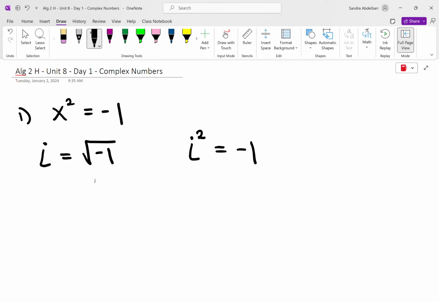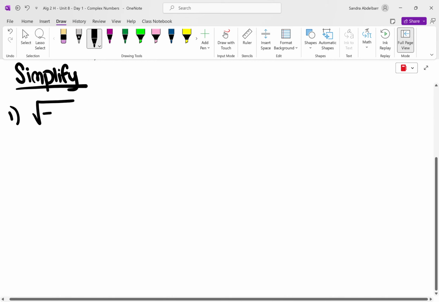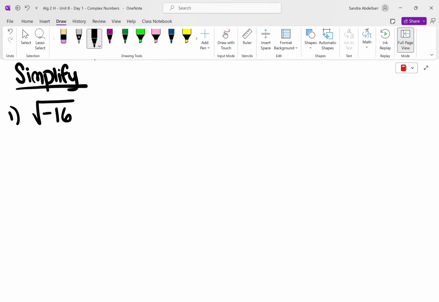So now let's just simplify. We are never, ever, ever allowed to leave a negative underneath a radical. So if I have the root of -16, I'm going to go about this the longer way first just to show you. I could make this the root of -1 times 16.